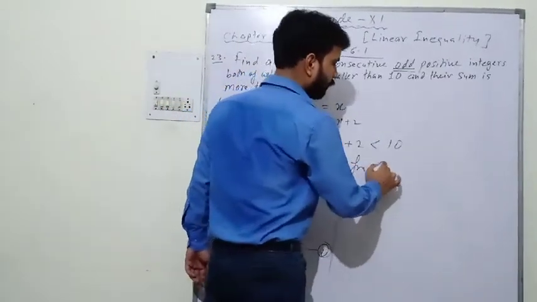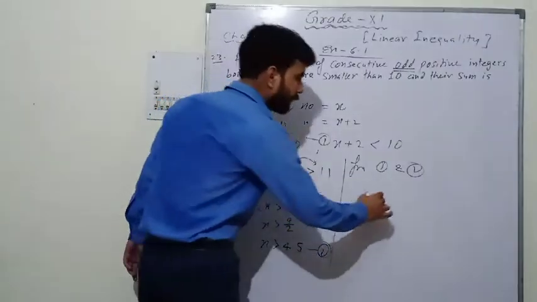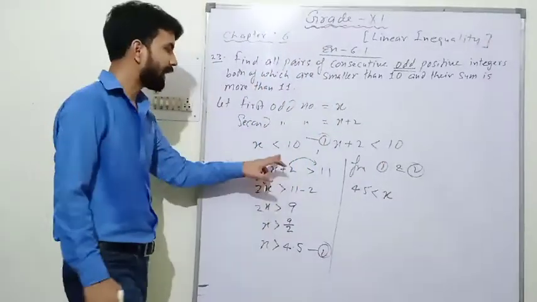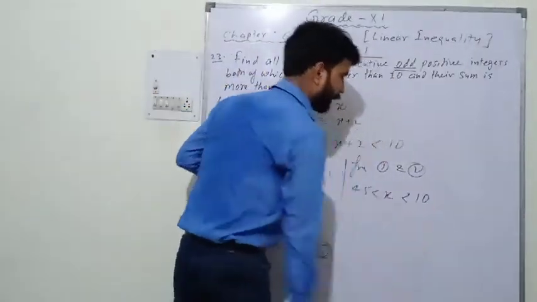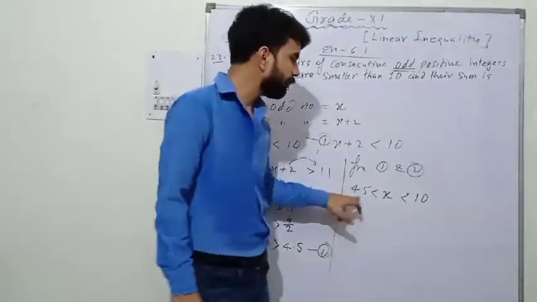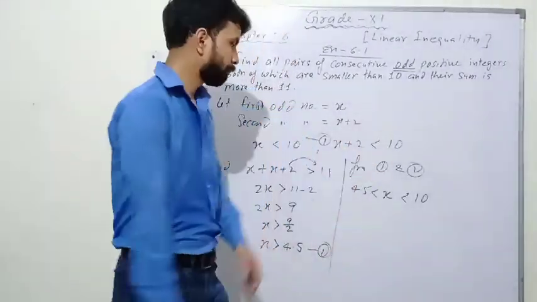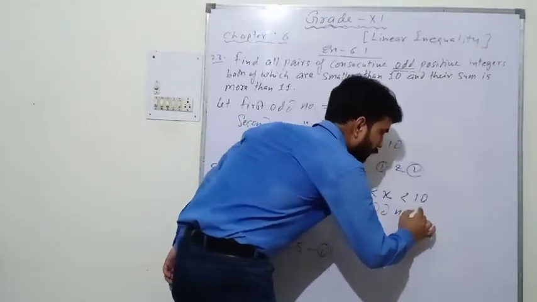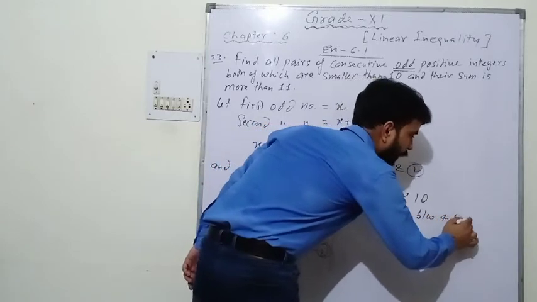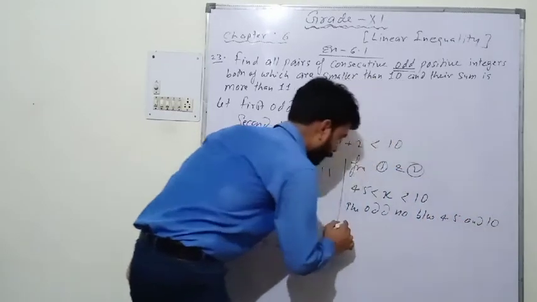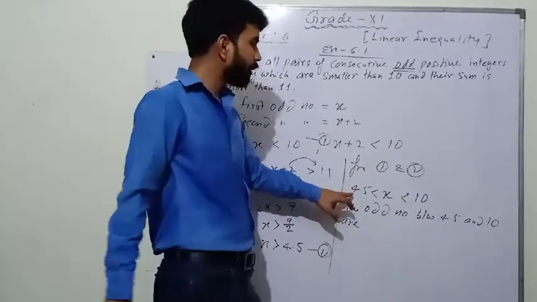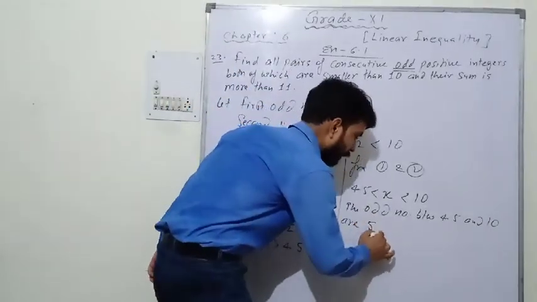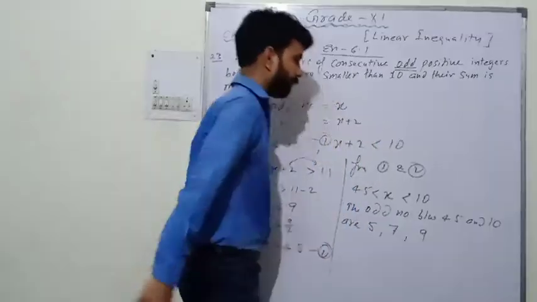So from the first and second, we can say that x is greater than 4.5 but x is smaller than 10. So beta, in between 4.5 and 10, how many odd numbers? The odd numbers between 4.5 and 10 are, beta, the odd number which is greater than 4.5 is 5, 7 and 9.